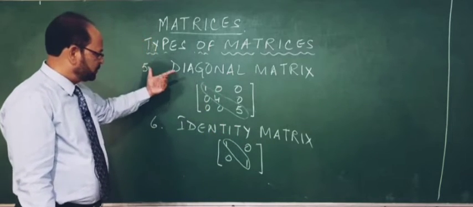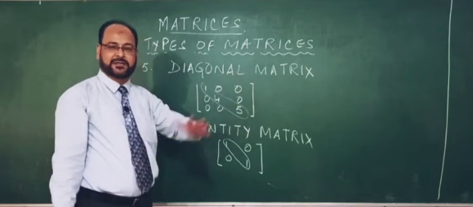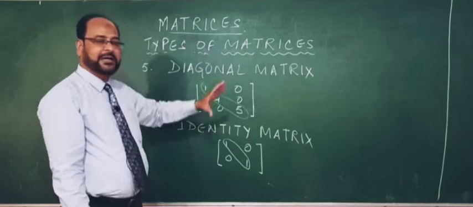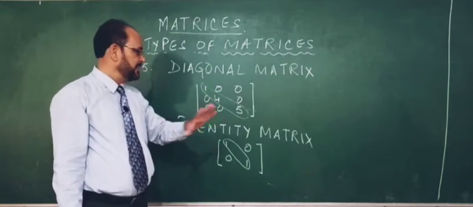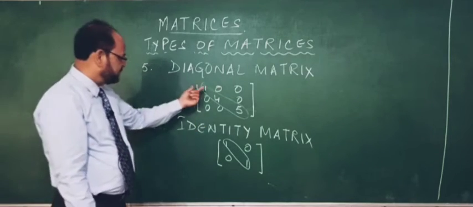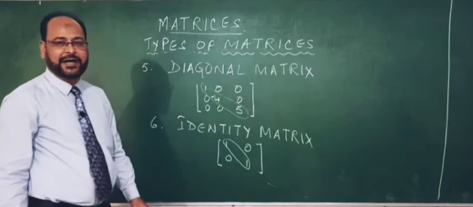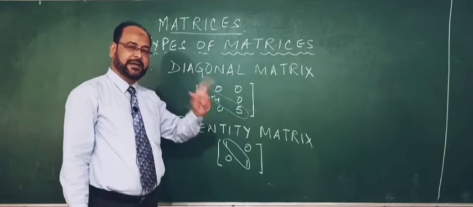So you can see from these two examples of diagonal matrix and identity matrix that in diagonal matrix the elements on principal diagonal can be any number other than 0. You can write 1, 4, 5, you can write 1, -4, 5, any number you can take, that will be the diagonal matrix.